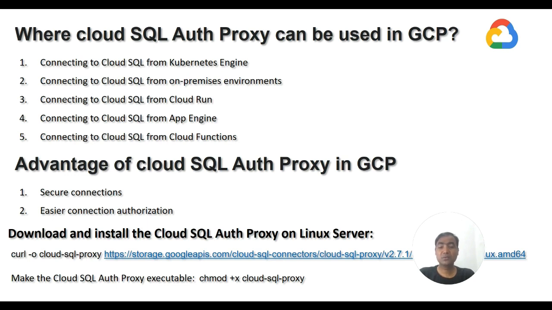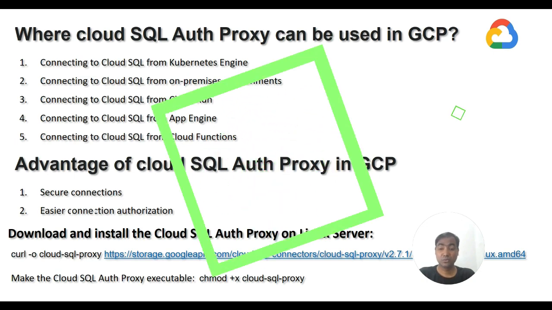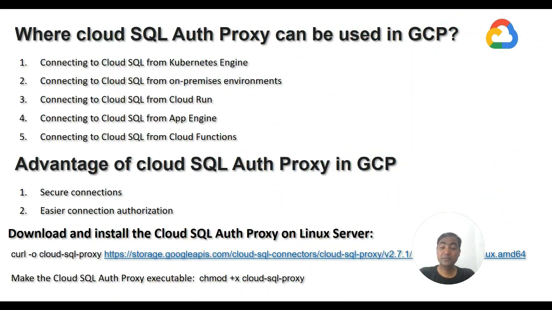This is a common scenario for companies that are migrating their databases to the cloud, or for those that need to keep their databases on premises for compliance reasons. For example, guys, a company might use the Cloud SQL Auth Proxy to connect its on-premises CRM system to the Cloud SQL instance that stores customer data. This would allow the company to keep the customer data secure in the cloud while still allowing the sales team to access the data from its on-premises environment.